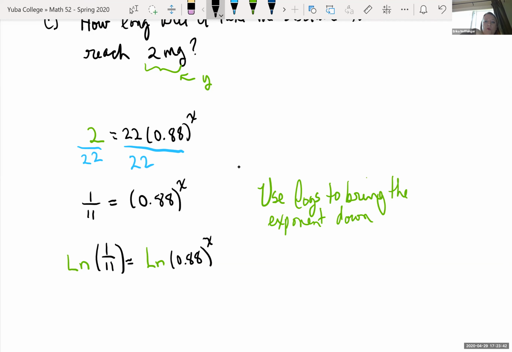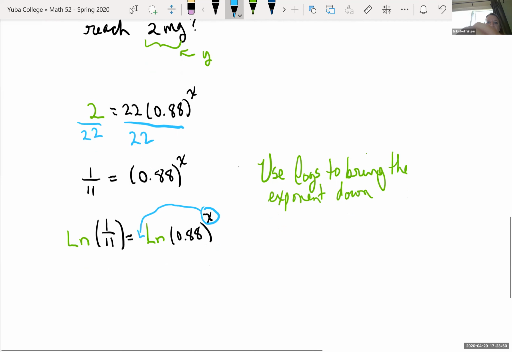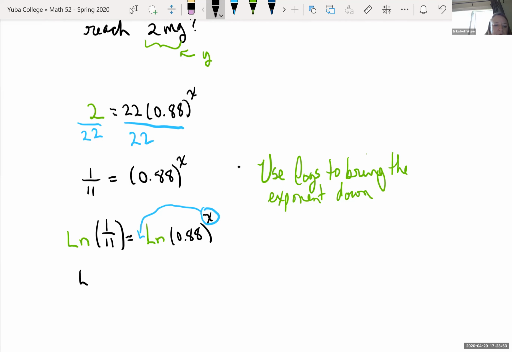The whole point of that was so that we could bring our exponent down in front. And so now we have the natural log of 1/11 is equal to X times the natural log of 0.88.